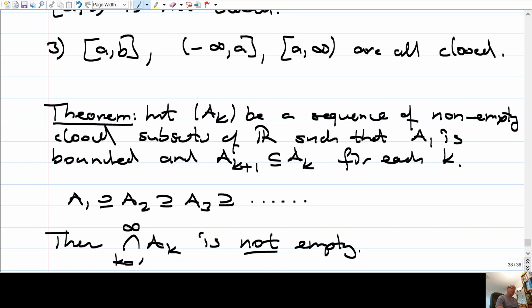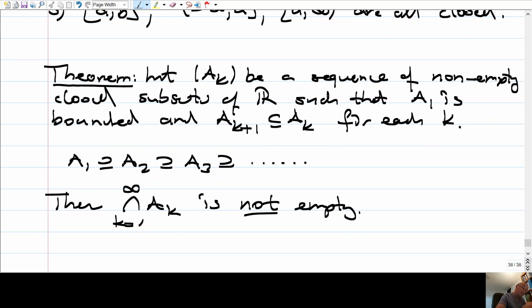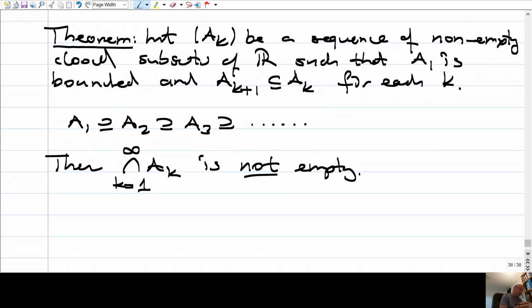So if you have closed sets which are all non-empty, and they are contained inside each other, A1 contains A2, A2 contains A3, and so on, then the common intersection is never empty. You may think that this is trivial, right? These are all non-empty, and each is contained in the previous one. So why should the intersection be empty?